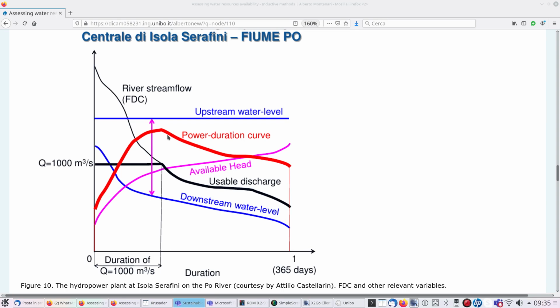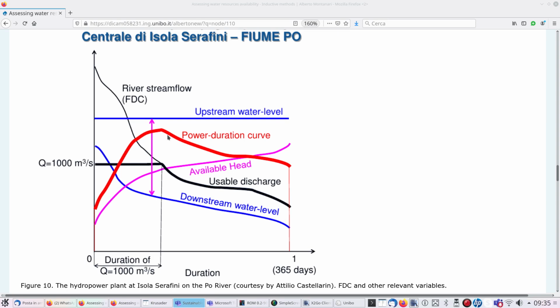And it depends on the geometry of the river and the shape of the flow duration curve. I'm not sure I was clear, but if you think that the curve of the available head in this graph increases less than the flow duration curve decreases, it's a different scale, but still we can get from here that probably the decrease in flow is higher than the increase in head.